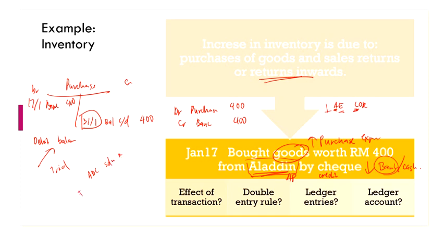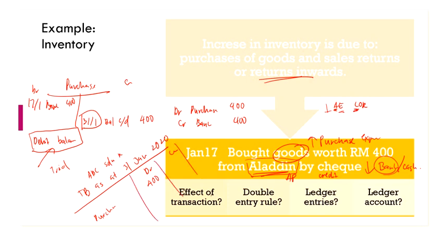Okay, a trial balance as at 31st January 2020. Okay, so dia pun akan masukkanlah purchase. So purchase, and then dia pun akan ada kat sini debit and credit. Since kita dah classify yang purchase account ni have a debit balance, so kita akan letak dia dalam debit side. Okay, so trial balance dia macam ni lah, trial balance.